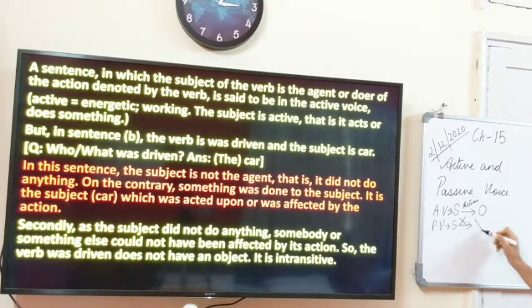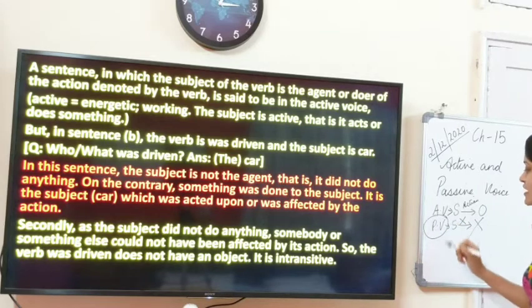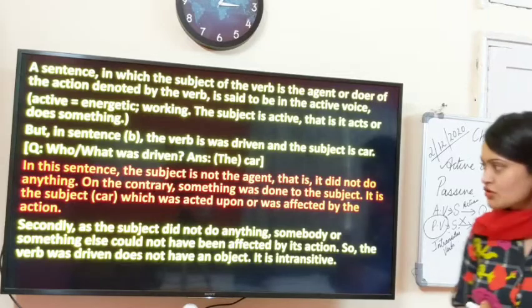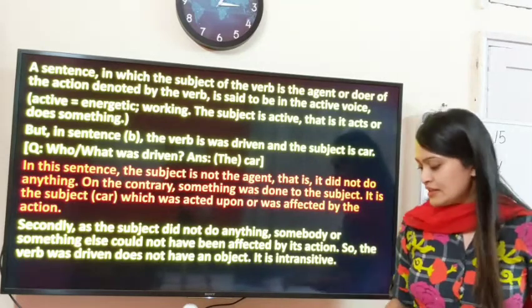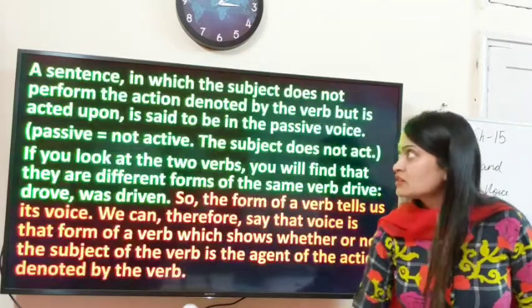So, there will be no object. All passive voices are intransitive verbs, because the action is not being passed to an object. Okay, children, I hope these points are clear about active and passive voice.